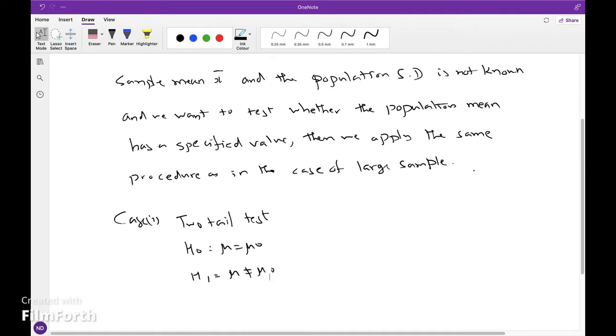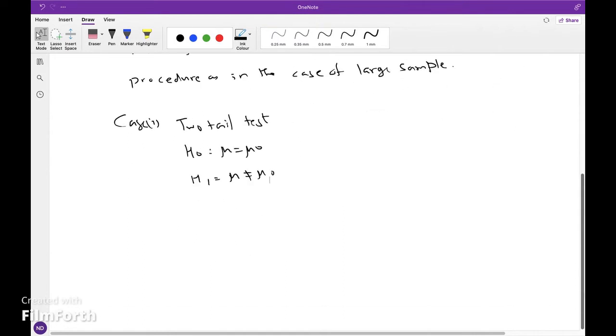On the assumption H naught is true, the test statistic t is equal to x bar minus mu by s by square root of n, where s squared equal to n by n minus 1 into S squared, S being the standard deviation of the sample.